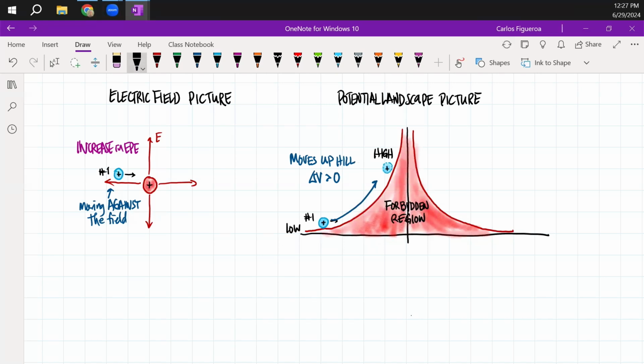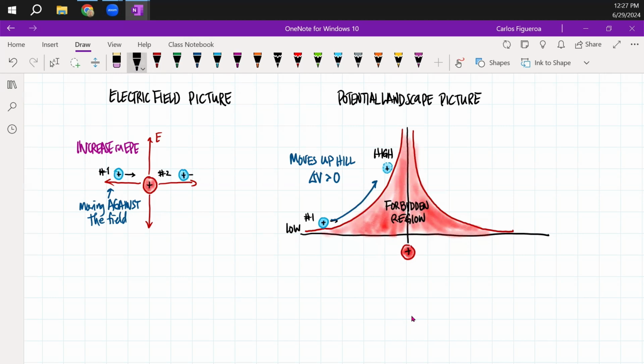Now, let's look at this other one. By the way, I should keep a positive charge here because that is the source of the potential field. Now, I'm going to have a second charge, which is now moving with the field.